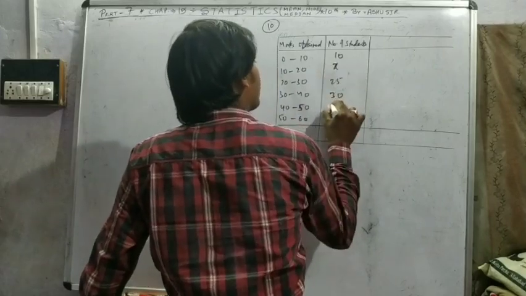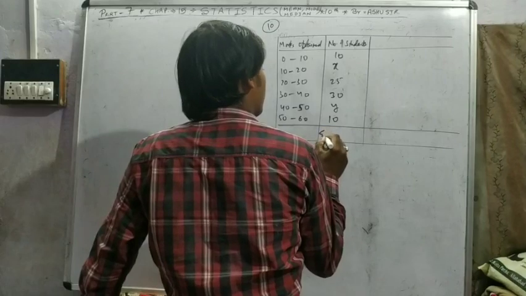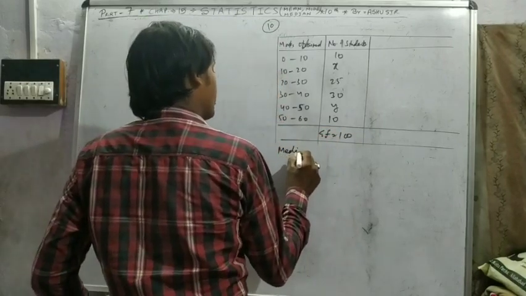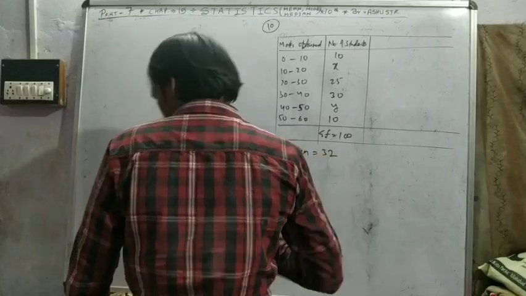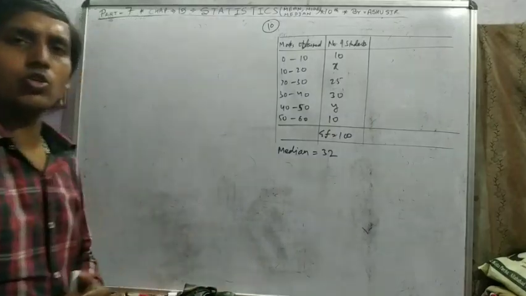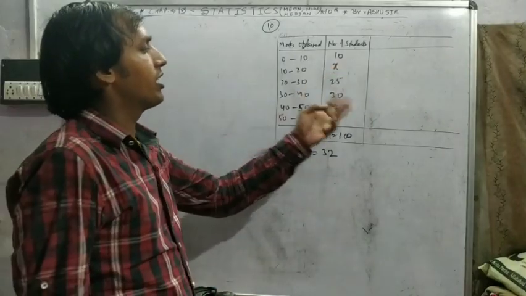You can take x and y, the total is given as 100, and the value of median is given, that is 32. So find the value of x and y.